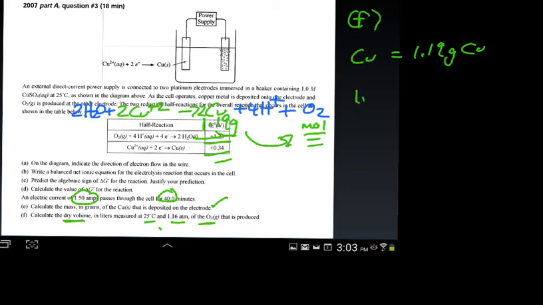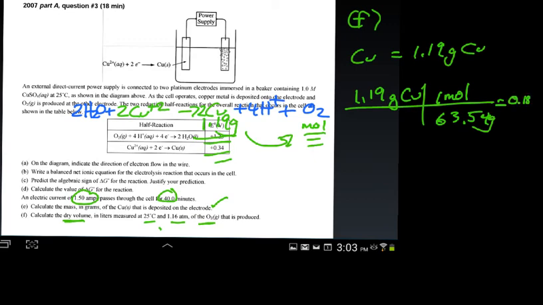If we do 1.19 grams of copper and we do the molar mass of copper, 63.54 grams of copper per mole of copper, we're going to end up with 0.187 moles of copper.